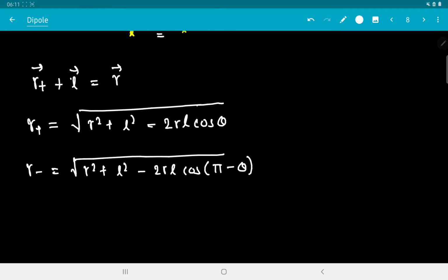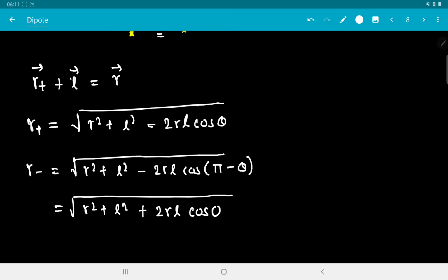So pi minus theta means we are going to get minus cos theta. So we will get plus 2rl cos theta. This will be the magnitude of this negative r.